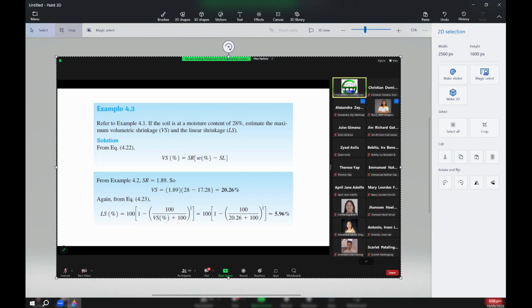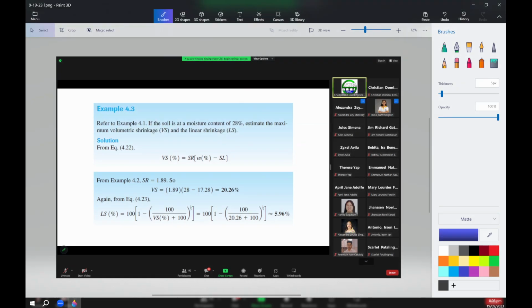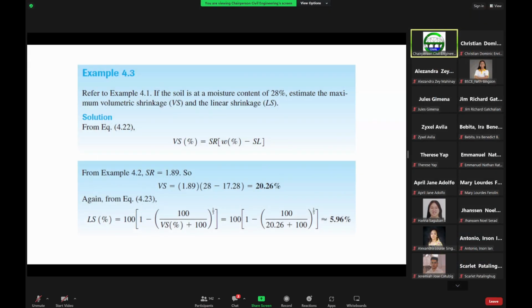I just recalled one of you was asking this question last time. Normally in practice, we try to drill about 30 meters.